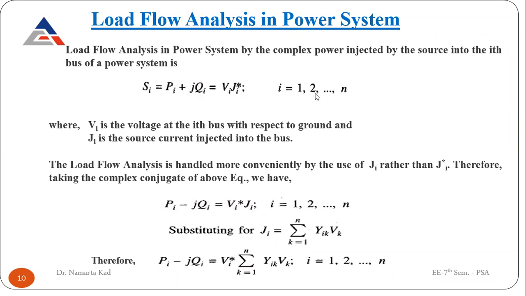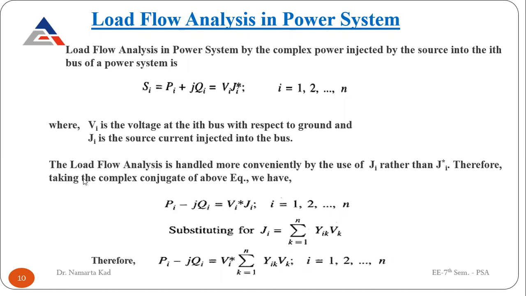Here i is the bus number. It depends upon how many buses are there in the particular system, whether 2 buses or 4 buses. So we have considered here in general form that N buses are there in the system, where Vi is the voltage at the ith bus with respect to the ground, and Ii is the source current injected into the bus.